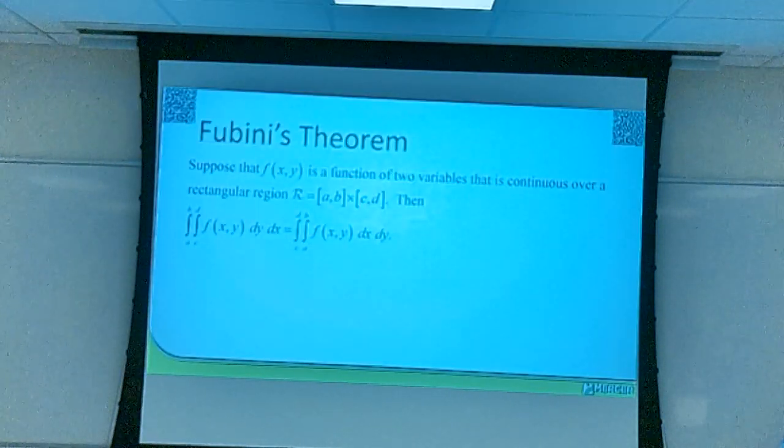For general regions, it says it can be written as an iterated integral. So there's multiple Fubini's theorems. Well, there's one Fubini's theorem, but we break it into different defined regions. For right now, what it's saying is it's only over rectangular regions, and the order doesn't matter. We'll extend it later.